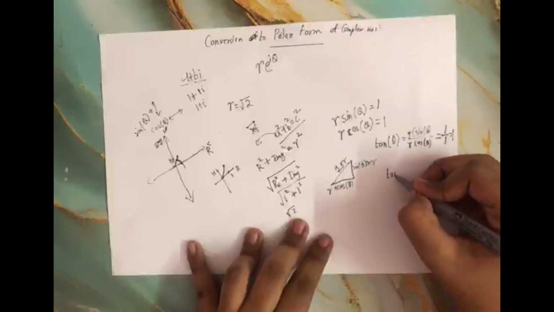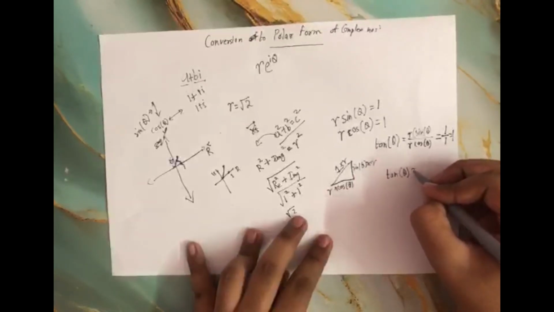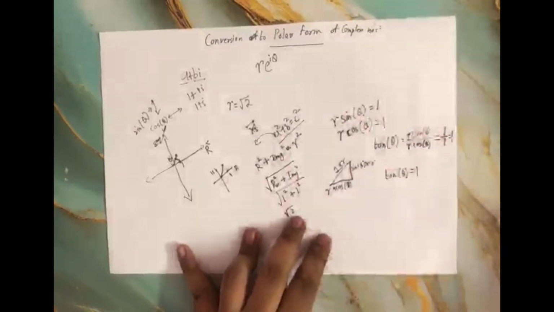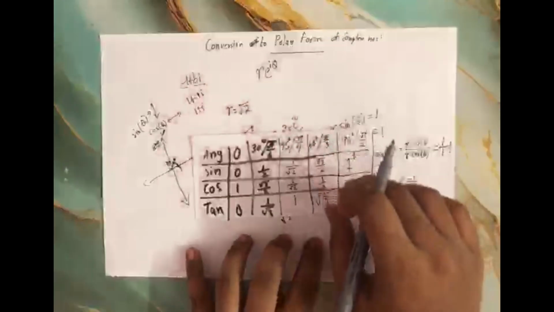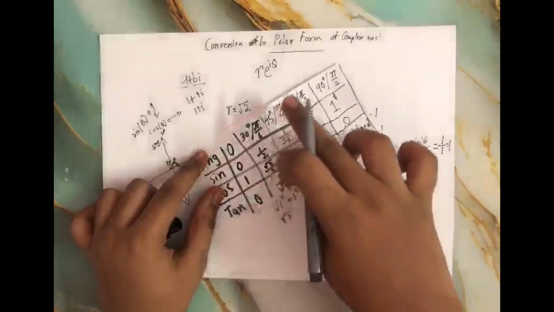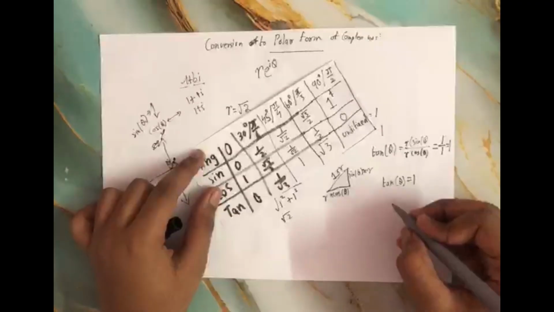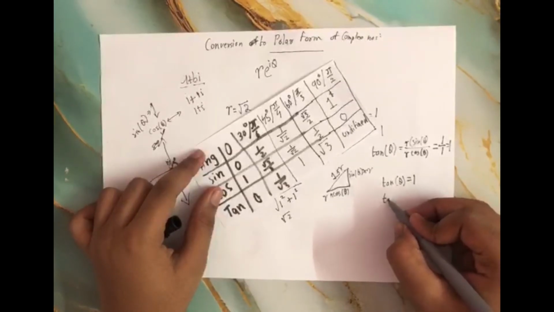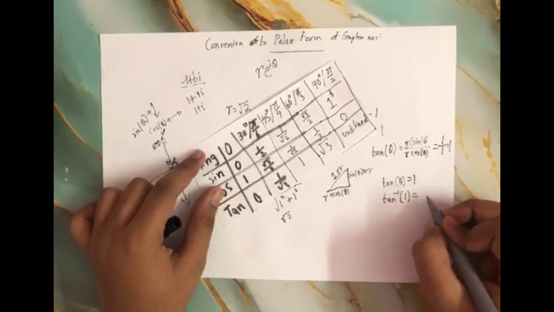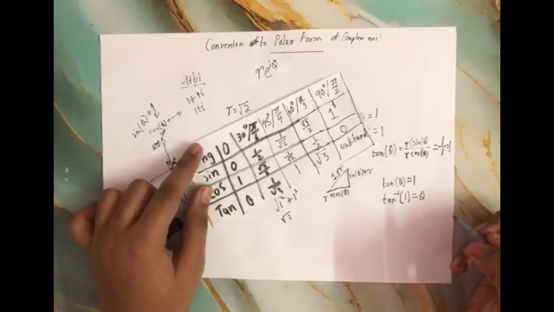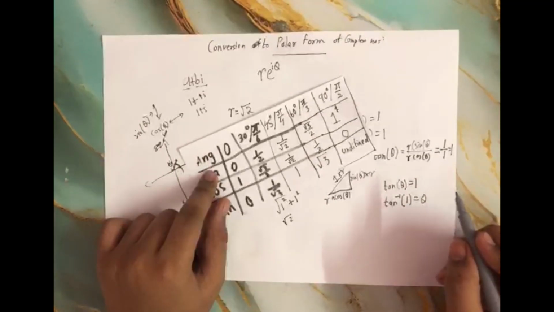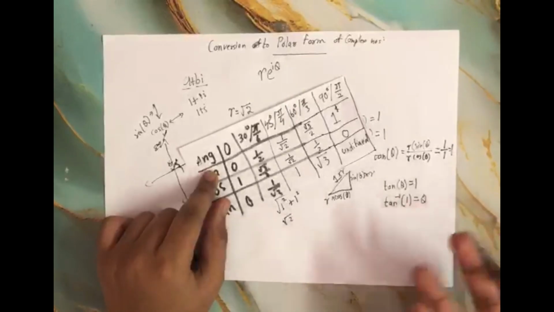So tan of theta is equal to 1. We want the angle theta, so let's look at the trigonometry table, where the tan of some number is 1. We can represent it as tan inverse of 1 is equal to theta.